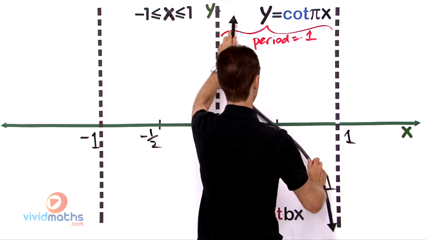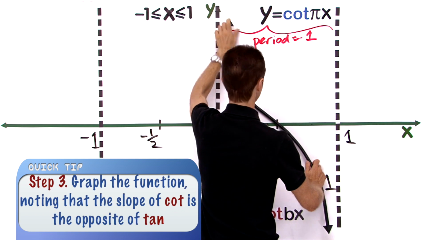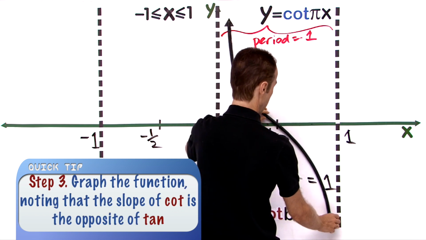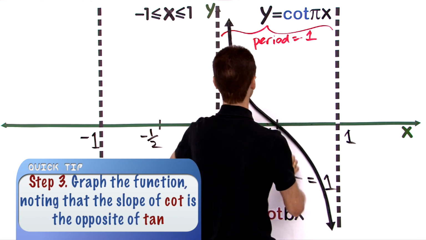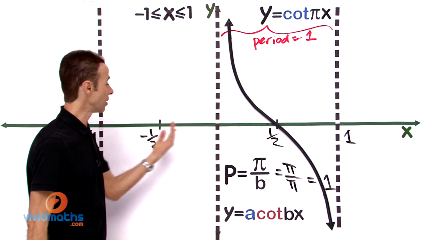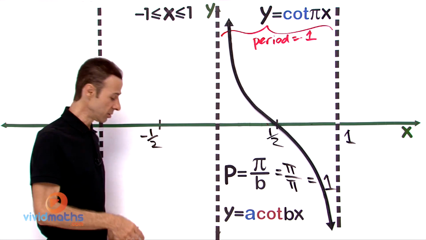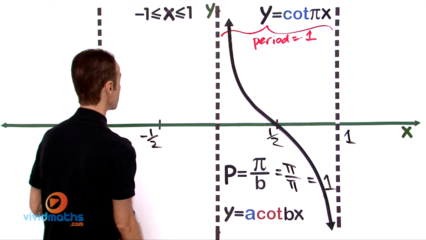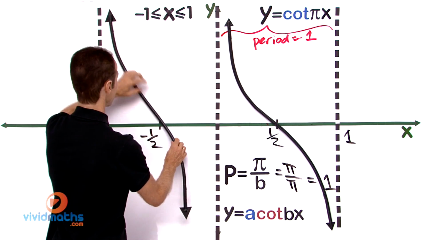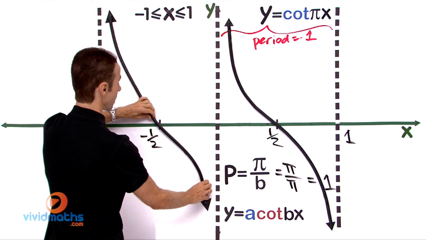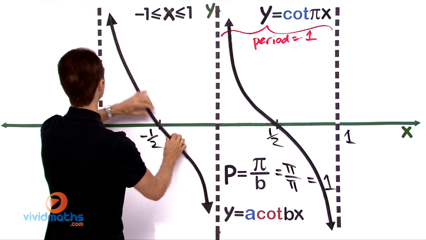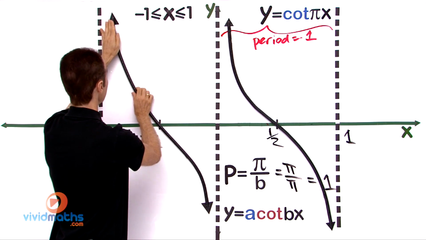So let's put it in. It's going to look like that and across like that. There's our cotangent curve right there. It's going to repeat itself across over here. So let's put another curve, similar to it, as it repeats itself. There's the curve again, and it looks like that, cutting through the x-intercept of 1/2. There it is right there.